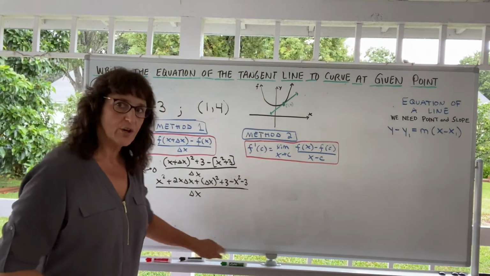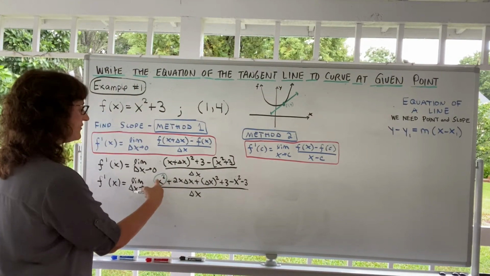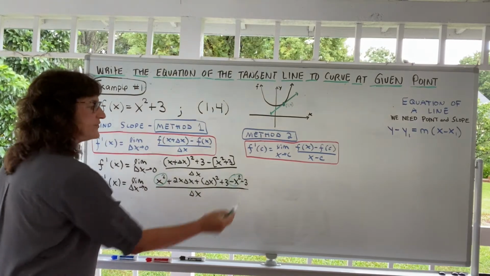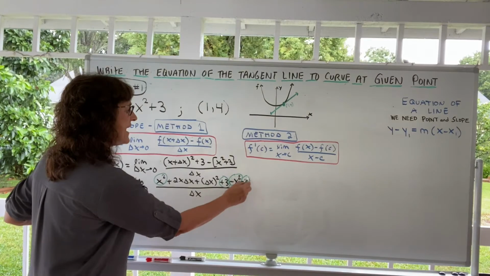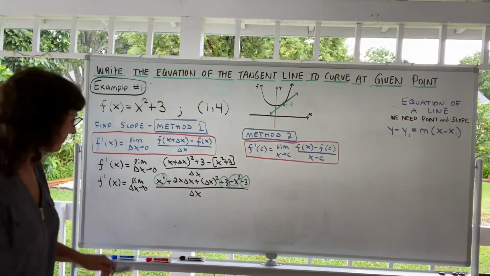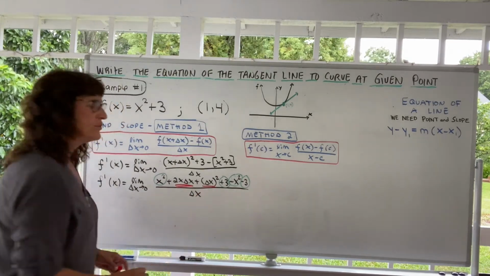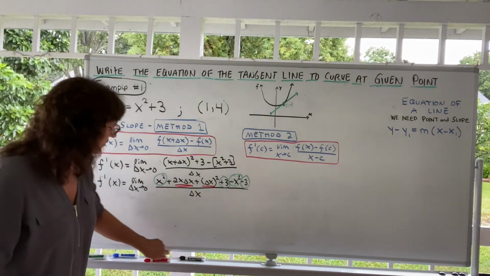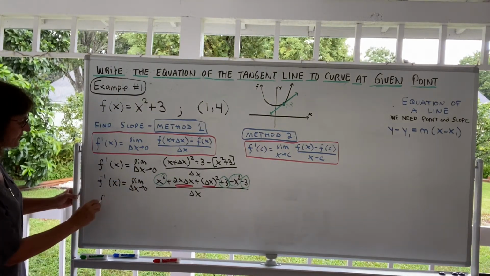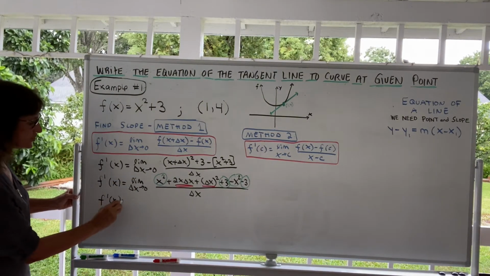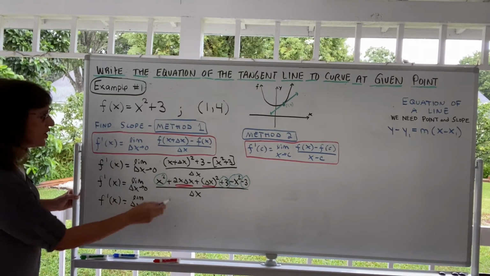Let's take a look at the numerator here. Can you see the x squared? This is a positive x squared, and here is a negative x squared. They cancel. This is a positive 3 and a negative 3, and they cancel. What do we have left over in the numerator once we cancel those common terms? We have a 2x delta x and a delta x squared. We can factor out the delta x. So the derivative of your function is the limit as delta x goes to 0 of delta x times the quantity 2x plus delta x, all over delta x.